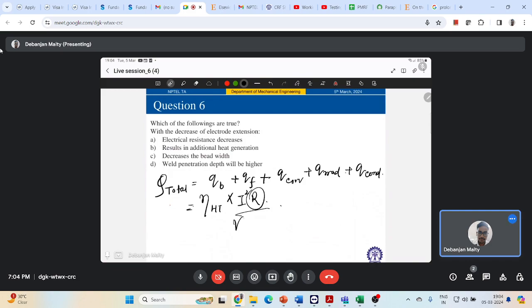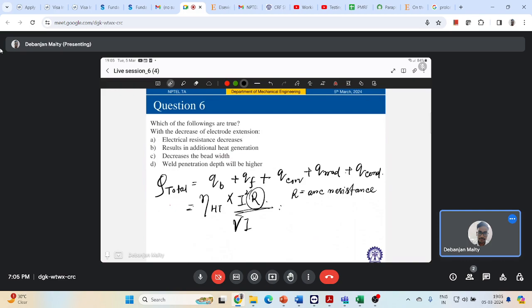So we talk about VI. The same thing is if you are equating this as IR, so my total heat loss will become I square R, where R is my electric arc resistance, right?